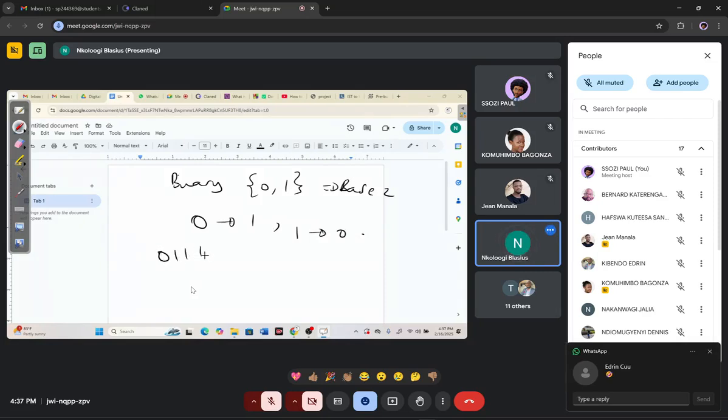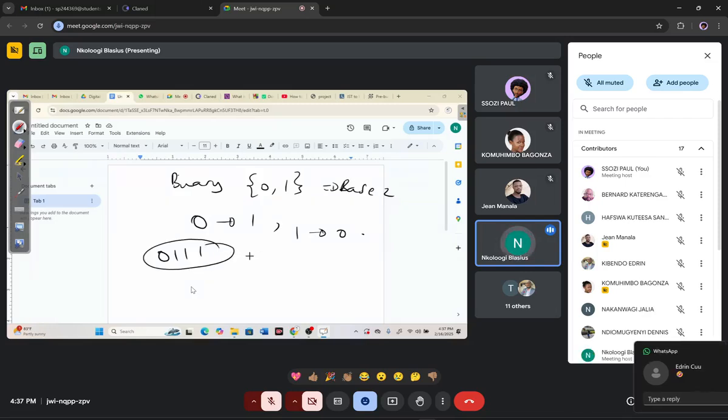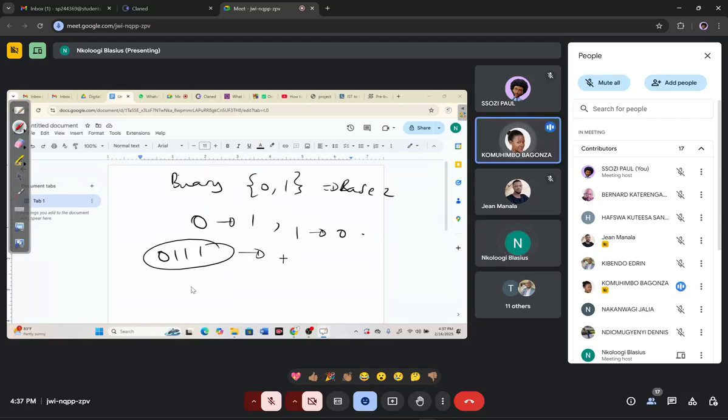So 1's complement is actually just handled like that. If you want to complement this number to a 1's complement, you just invert. So start from here, Himbo. What would be the complement of this binary number 0111? It would be 1000. Exactly.